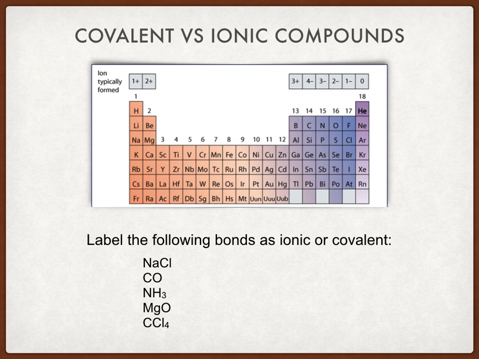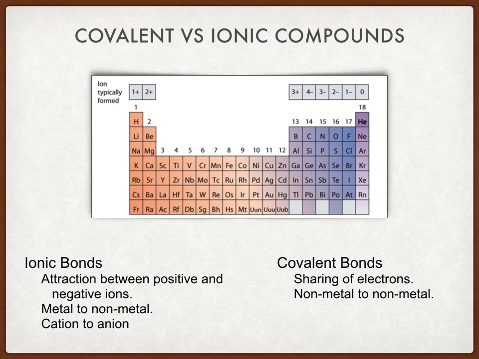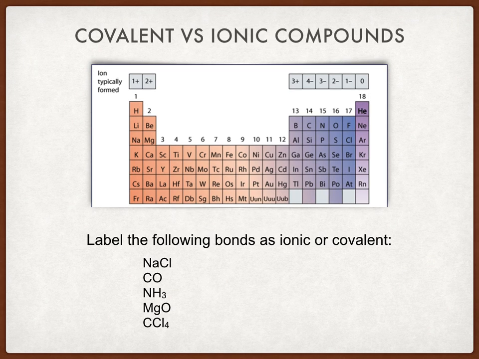Again, the left side of the periodic table are metals, the right side are nonmetals. So just to make sure we understand the difference between ionic and covalent compounds, let's look at a list here. Sodium chloride, NaCl, that's a metal plus a nonmetal, so it's ionic. CO, 2 nonmetals, so covalent.